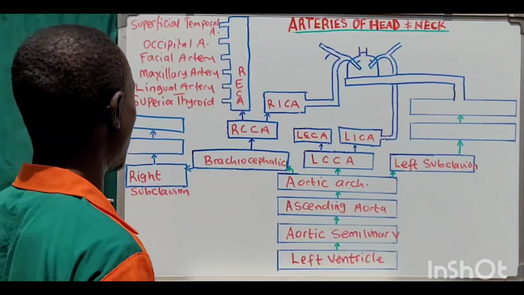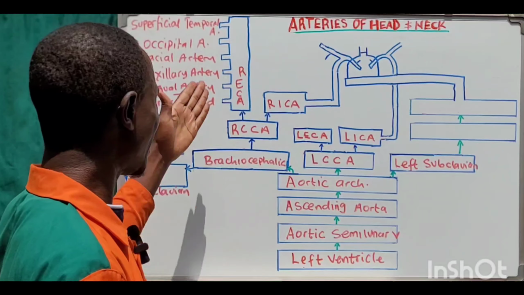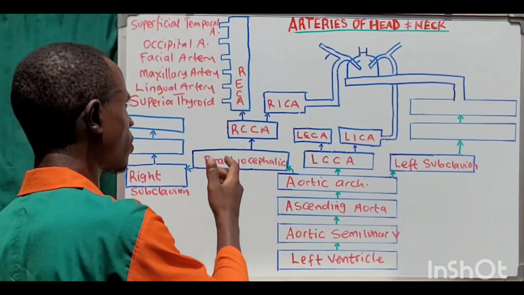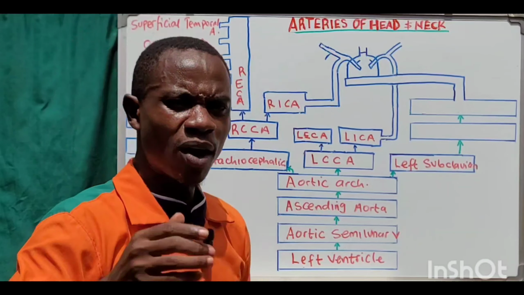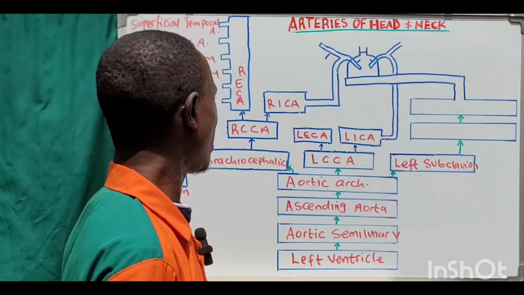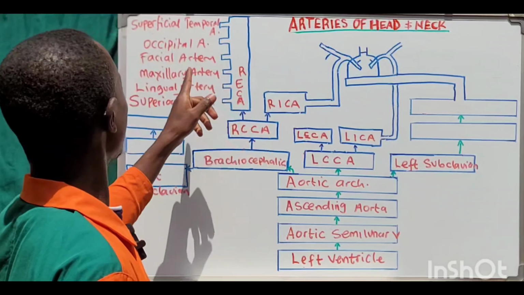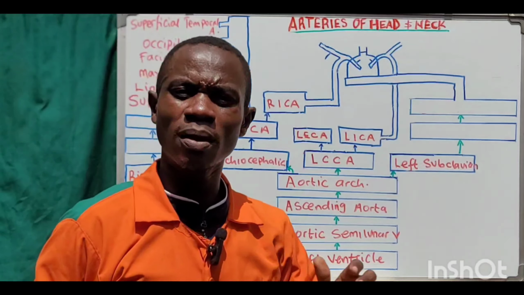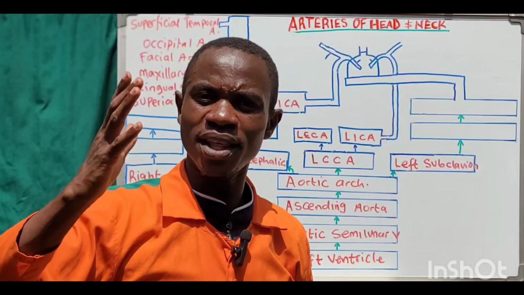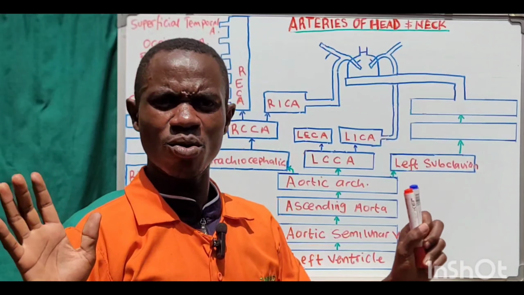So now these are the major arteries coming off from the right external carotid artery. At the back of your mind, I want you to know that the left external carotid artery is going to be giving exactly the same arteries, supplying the left side of the head and the neck. Okay? It's all that simple.